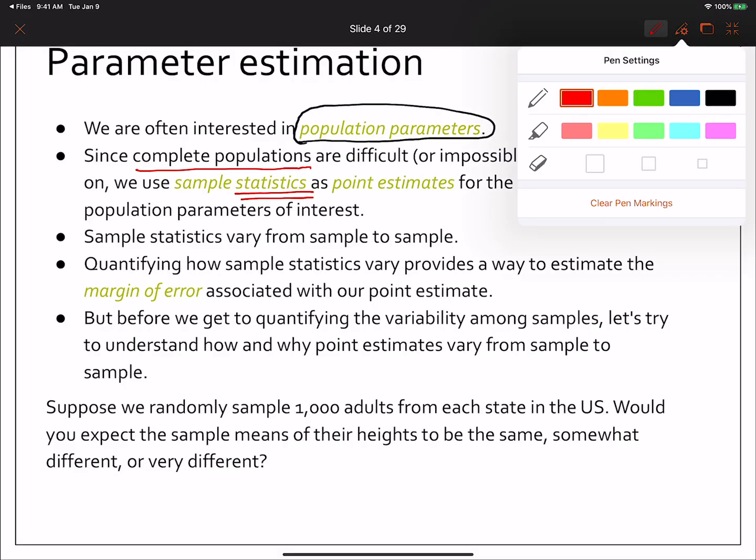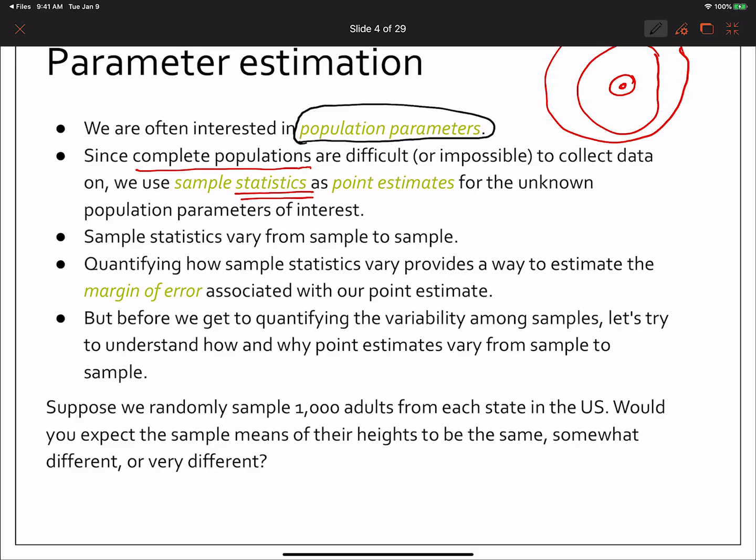When we play this game of darts, every time we take a sample, it's like throwing a dart at the board. We throw a dart, throw a dart, throw a dart. That's what we do when we take a sample.